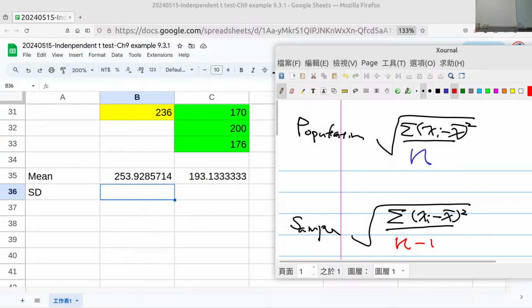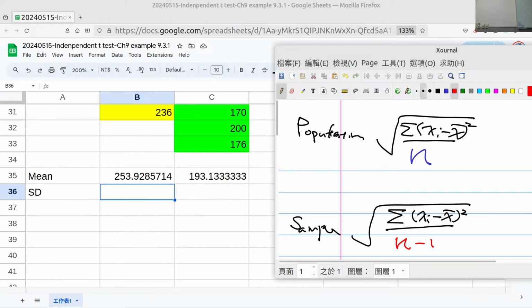But we just need to know how to operate it and calculate it, and for calculation it's very easy. Population n, sample n minus 1.